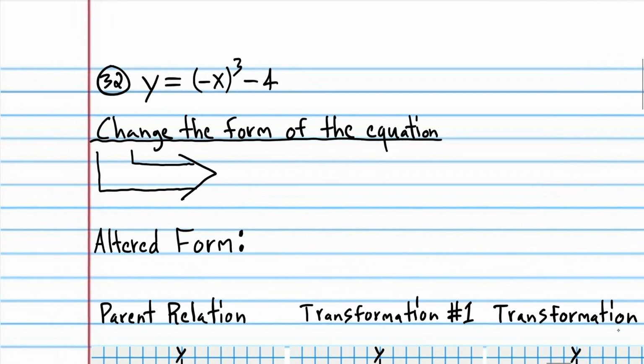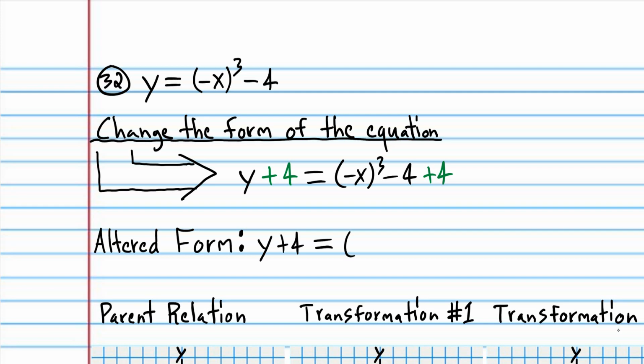All right, we're back. We have a negative on x, which means we're going to reflect the parent graph across the y-axis. But we don't know what this 4 here tells us to do, so we're going to add 4 to both sides of the equation. And that's going to cancel out the 4's on the right side of the equation.